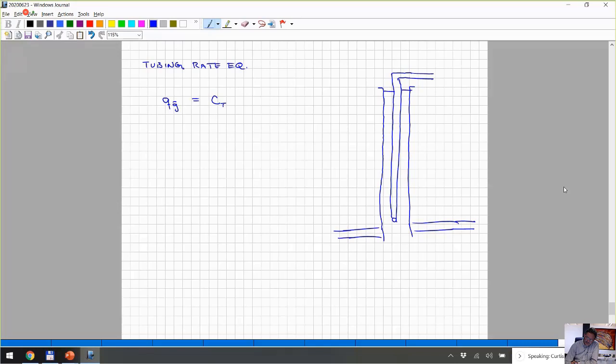So down here we've got our flowing bottom hole pressure. And up here we've got what I'm going to refer to as the flowing tubing pressure, PT. And then I'm going to assume the well doesn't have a packer. If it doesn't have a packer and you were to monitor the pressure in the annulus at the top of the annulus, you'd get a pressure that I'm going to call PW.